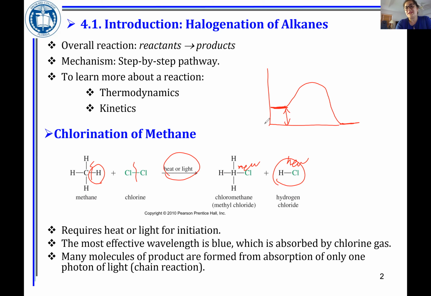So if you have the energy diagram, you can say this is an exothermic reaction because your reactants have more energy than the products, and the difference in energy, which is delta H, has been released to the environment. The other way to determine if the reaction is exothermic or endothermic is if you have the bond energy for the old bonds that are going to break and the new bonds that are forming.